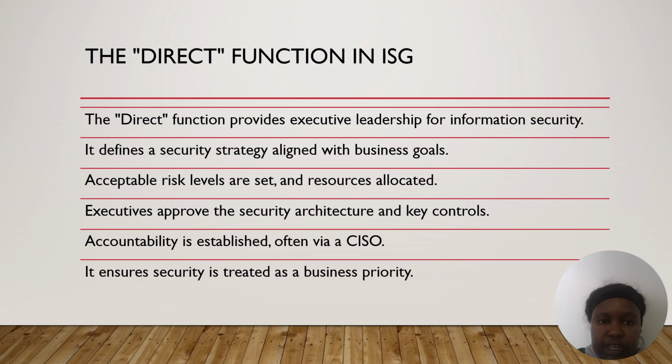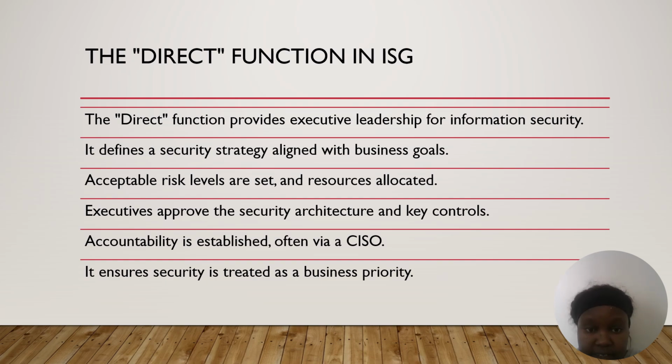From that, we have the direct function in information security governance. From the charts, now we're going to expound on what the direct function entails. Therefore, the direct function provides executive leadership for information security.